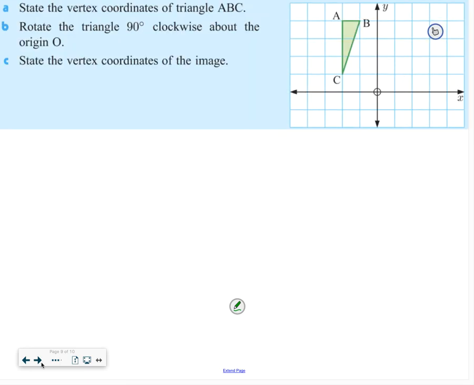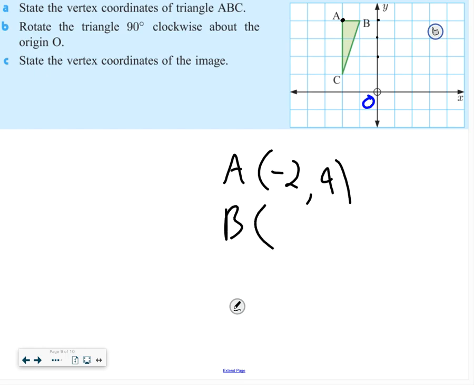Last example here, we're going to state the vertex coordinates of the triangle ABC. Rotate the triangle 90 degrees clockwise about the origin. There's my origin. The vertex coordinates: notice A is -2, and 1, 2, 3, 4, so that's A, -2, 4.